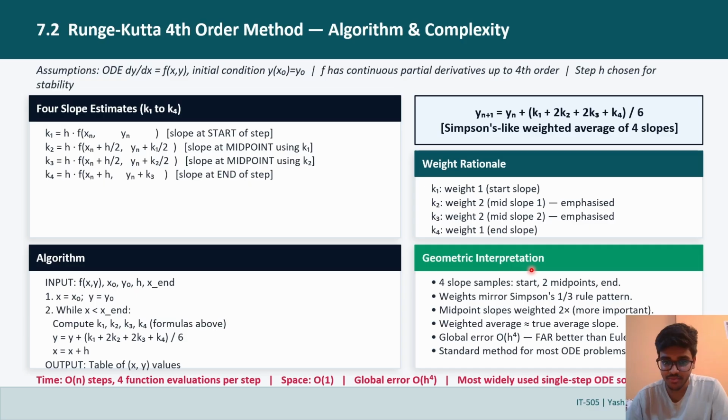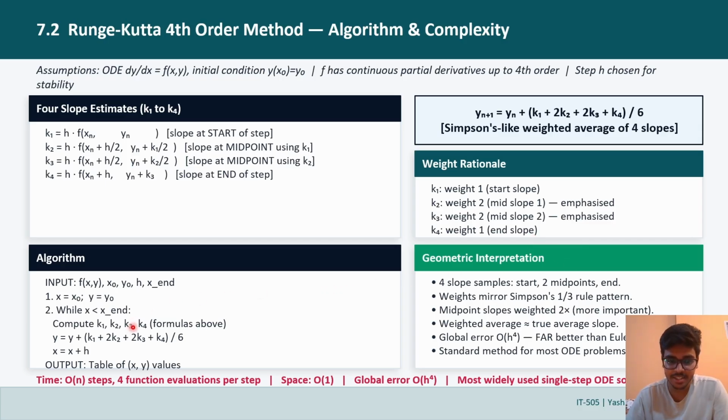It then combines them with weights that mirror Simpson's rule. This gives a much more accurate average slope for the entire step, meaning the curve followed is much closer to the true solution. The global error is O of h to the 4, so halving h reduces the error by a factor of 16 compared to only a factor of 2 for Euler.